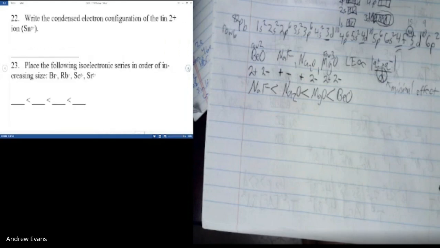Write the condensed electron configuration for tin, 2+. So once again, write the full, then write it condensed, and then make it charged. Tin is row 5, element 50.